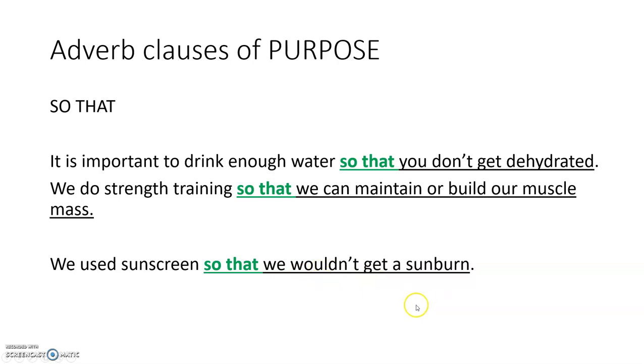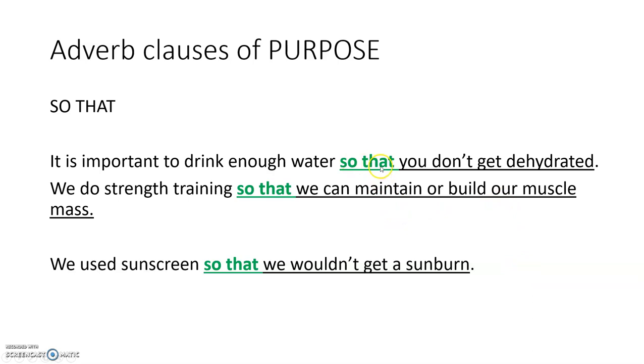Okay, I want to say that you will see and you will hear many examples where people simply use the word so. I guess that's fine, but remember, so is used to make a compound sentence. So when you talk about a purpose, you really should use so that.